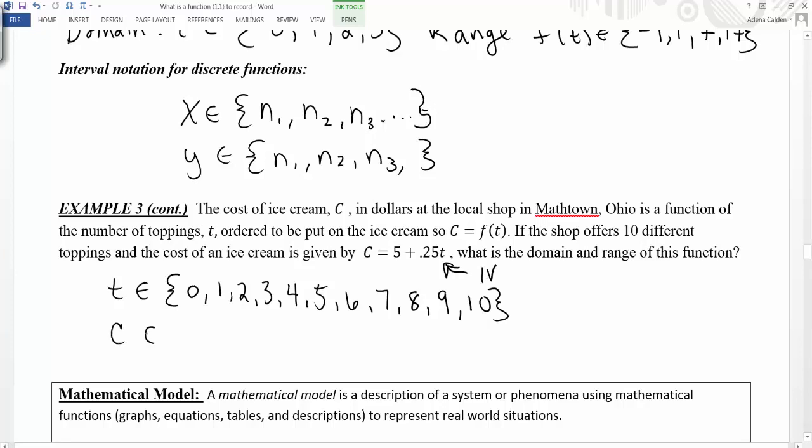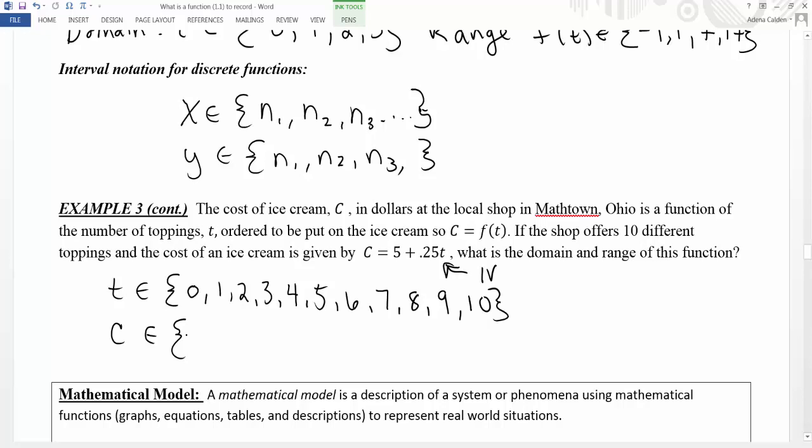Our range is going to be the possible costs that we could encounter at this ice cream shop. So that means for each possible value of t, there's a corresponding value of c. So in order to figure out what that value is going to be, we would need to plug each of these independent values in to get the dependent value.